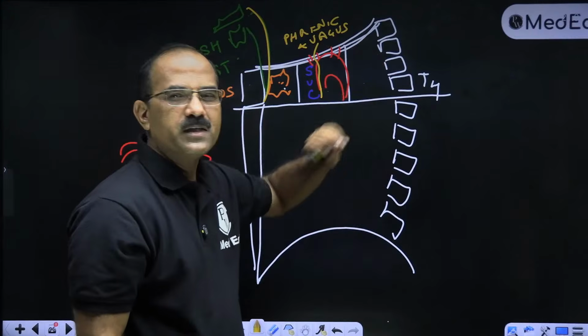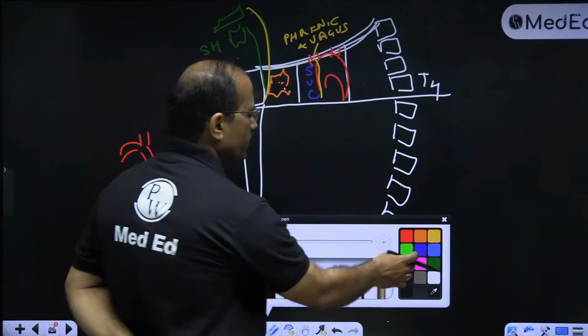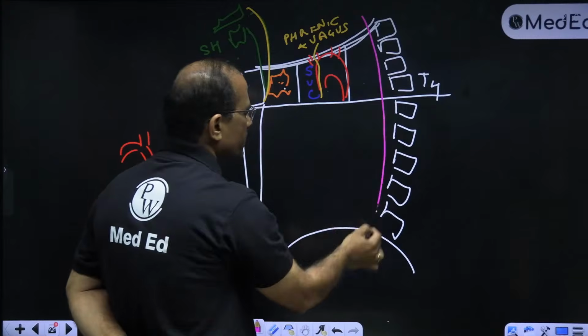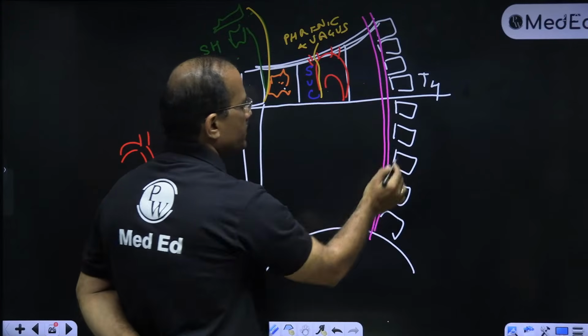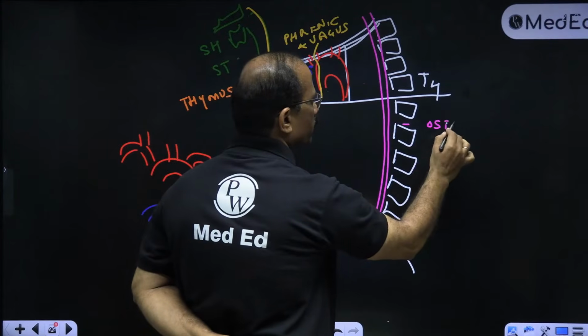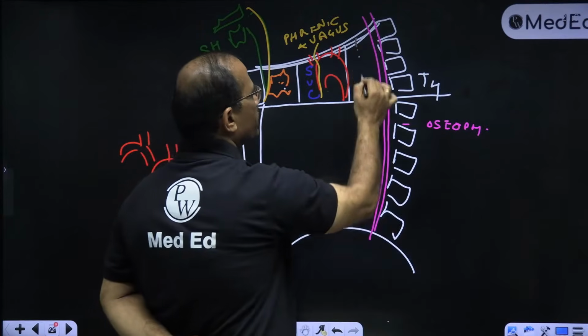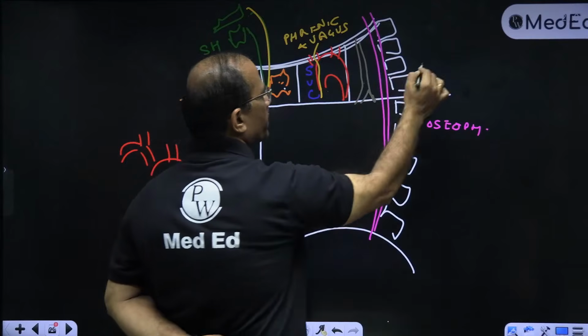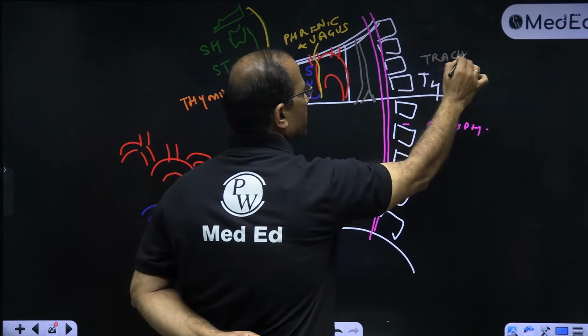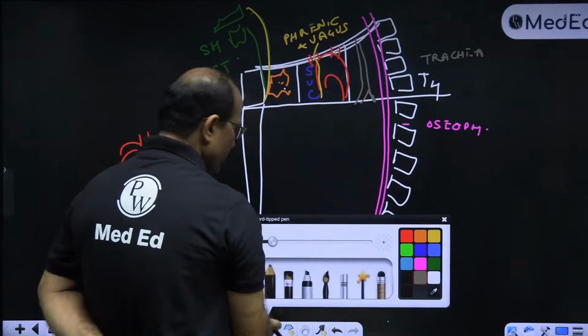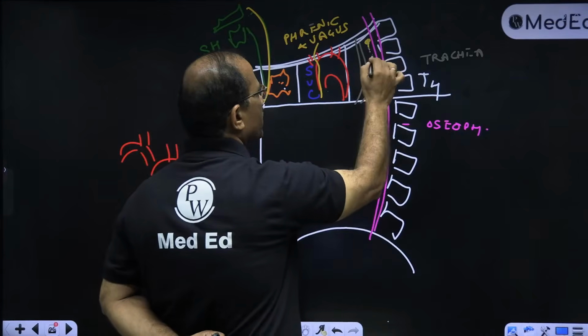Now coming to the posterior part. Here we have a tube which comes straight down, the esophagus. Then another tube which divides at T4, the trachea. Then the sympathetic chain.